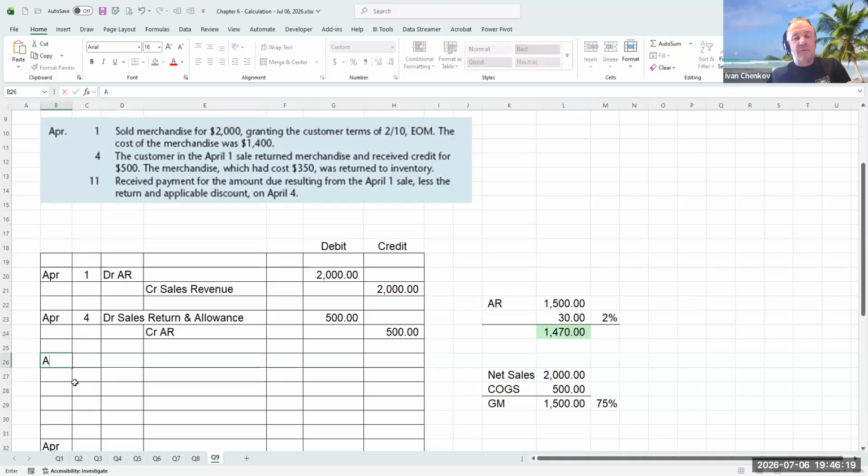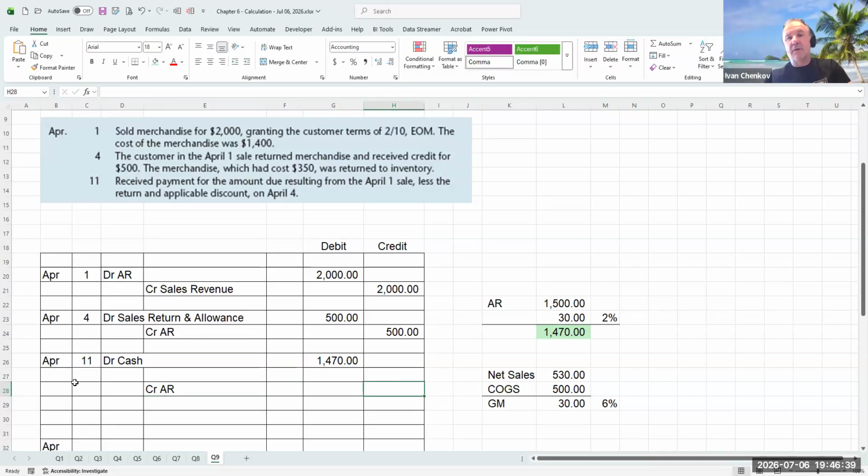So on April 11, we're going to debit cash with $1,470. Credit will be accounts receivable. We're going to clear the accounts receivable $1,500. And the difference of $30 is going to go to debit sales discount for $30.